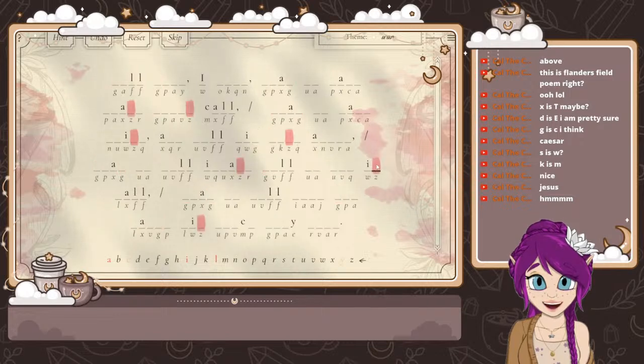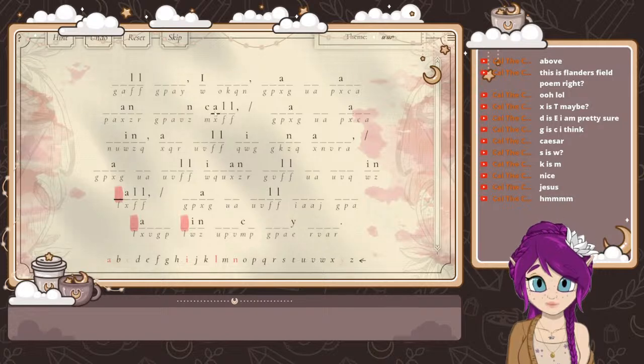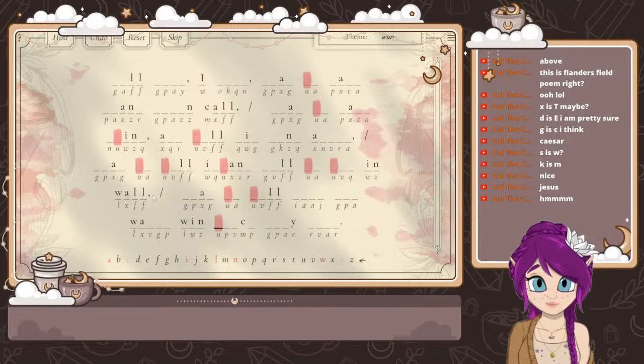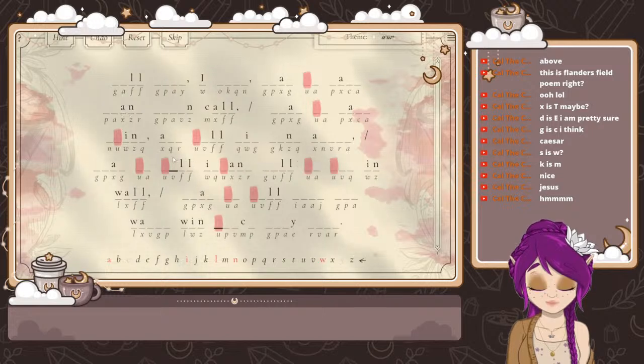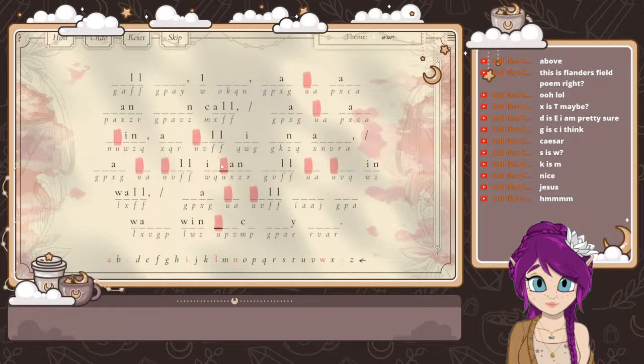It could be an N, an S, in something? This might be win. Win? Because this is about war, so there's probably winning at some point. In fall, maybe?